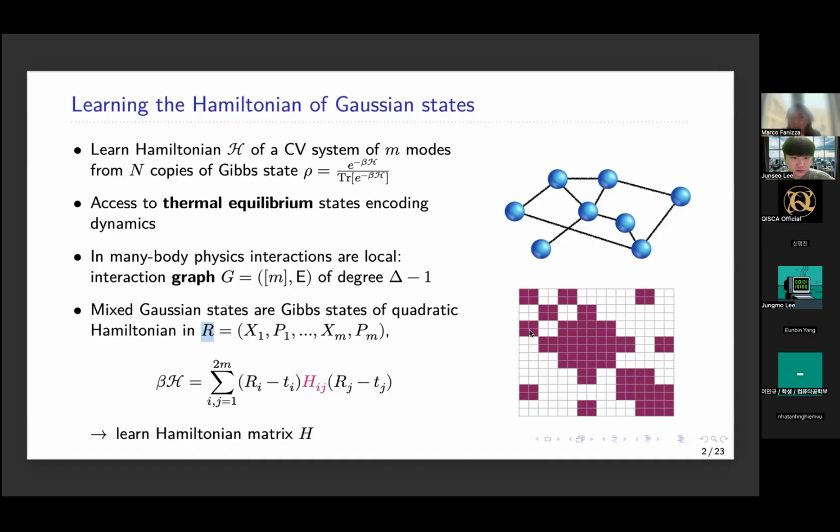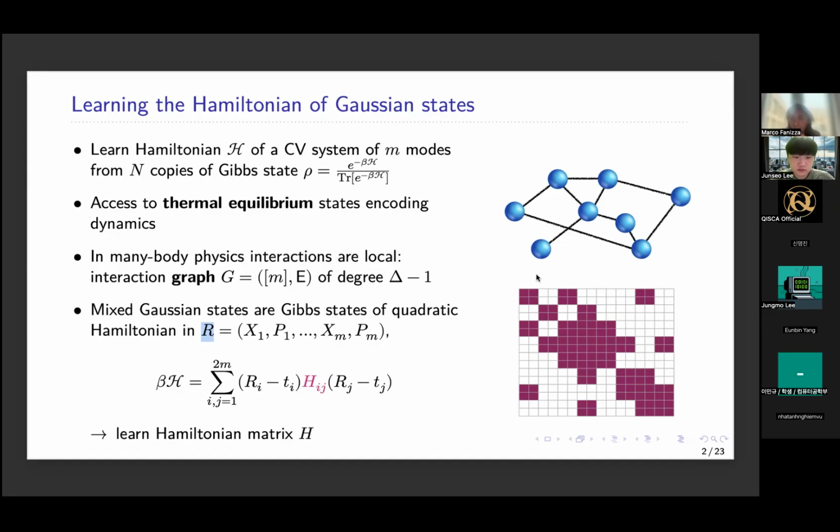And for the off-diagonal blocks, those that are colored in red are those where there is at least one matrix element that is non-zero. So there is an interaction between two modes if the 2 by 2 block corresponding to the pair is non-zero.